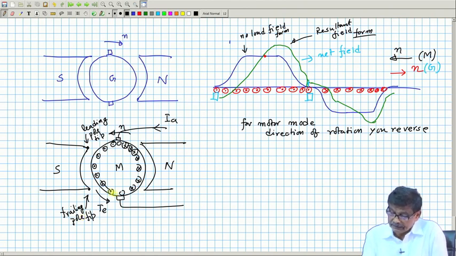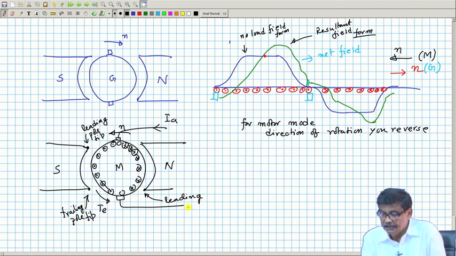Similarly, this one is the leading pole tip of the other pole. Whichever pole tip you first see of a given pole, that is the leading, and this is the trailing pole tip.